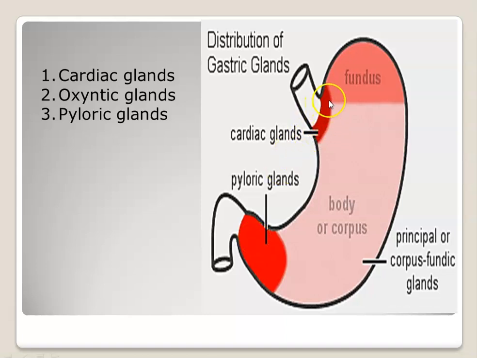The cardiac gland mainly secretes mucus and bicarbonate. The oxyntic gland secretes pepsinogen, hydrochloric acid, and the intrinsic factor. Pyloric glands mainly secrete mucus and some gastrin.